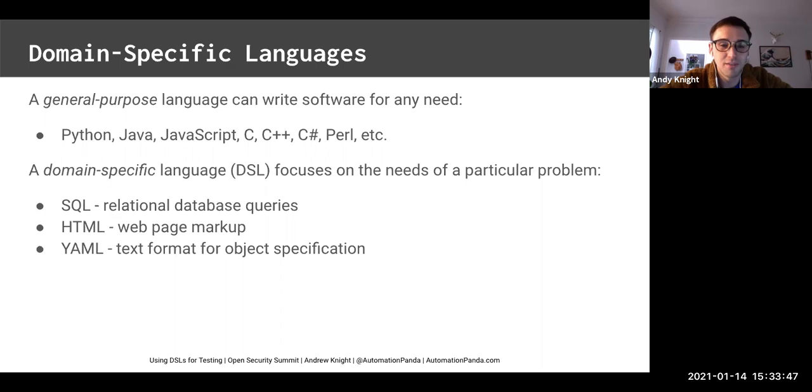HTML is a domain-specific language for web page markup. And another one, YAML, is a DSL for text format for object specification, right? So all these, they're not what we would consider full-fledged programming languages, but these languages are essentially tools that help us with these kinds of problems.